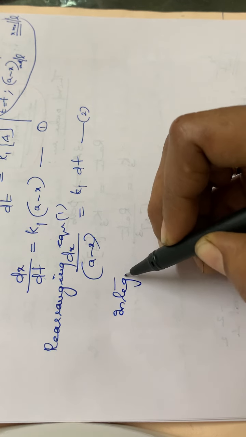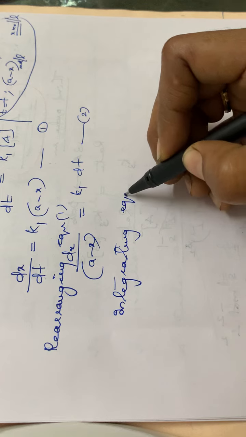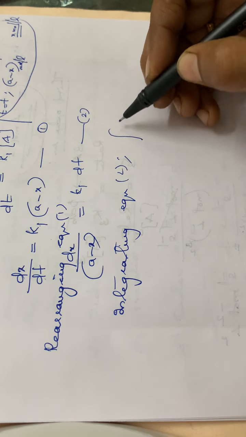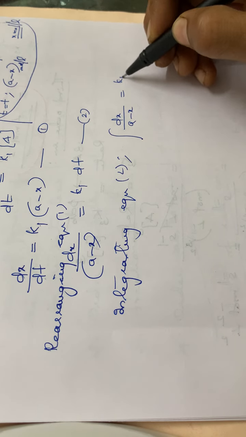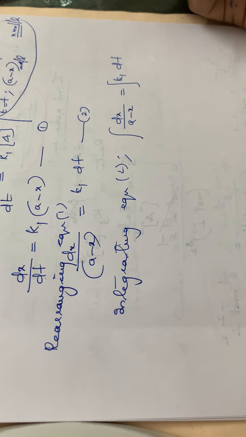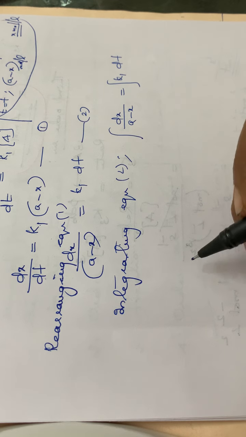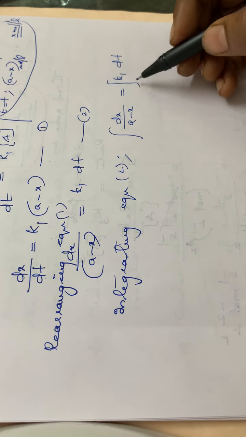Integrating equation 2, the equation becomes integral of dx divided by a minus x is equal to the integral of K1 into dt. Then you have to integrate this particular equation. Here we are not putting limits on these two integrations.